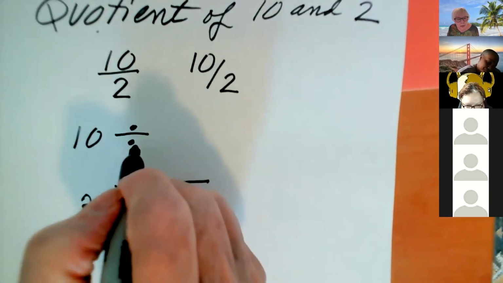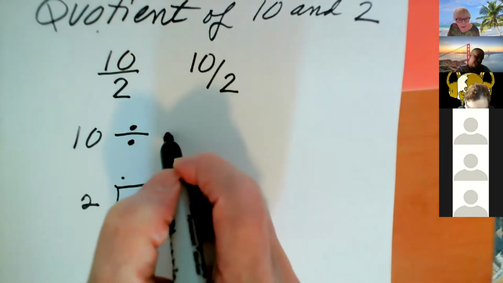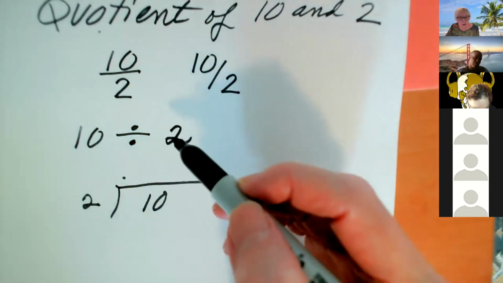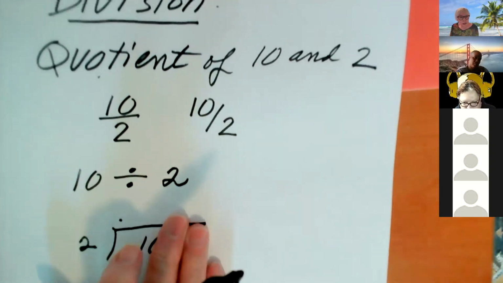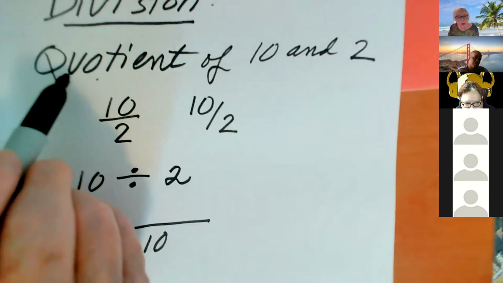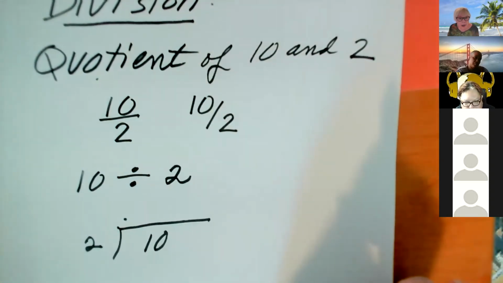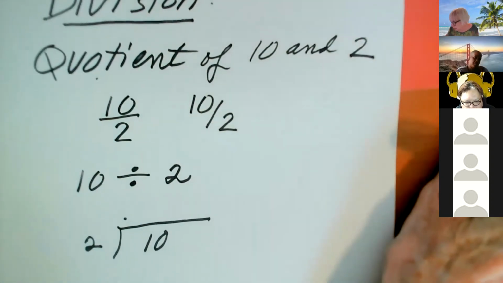And this is the other symbol that has been used. So you can see it this way or that way. Those are all division. If they use a word, they might use quotient. They might say divide, which is pretty obvious, but quotient would be the word that you may not know.